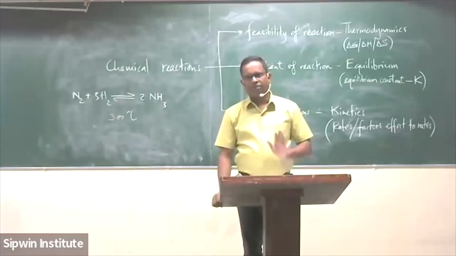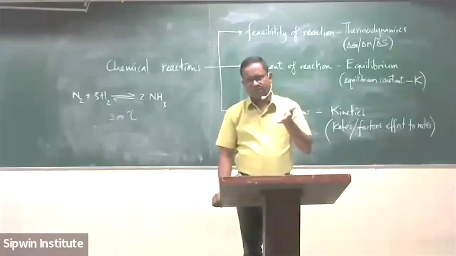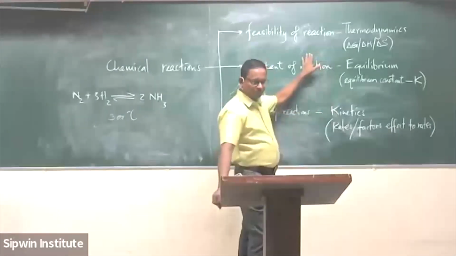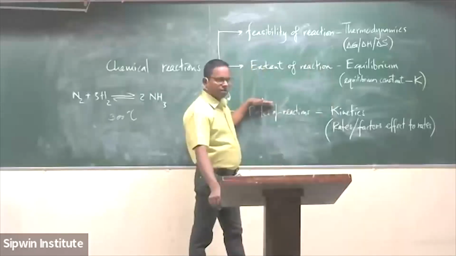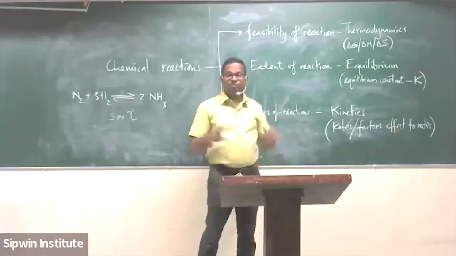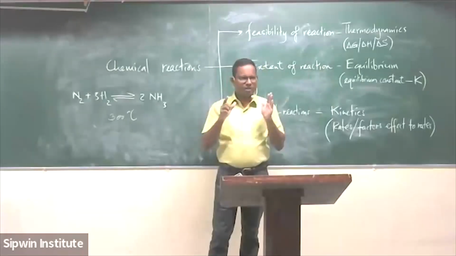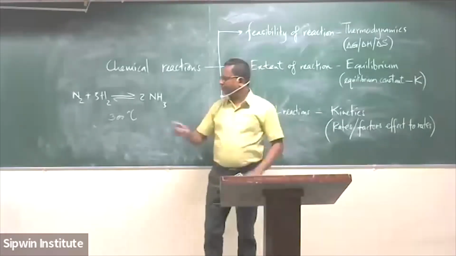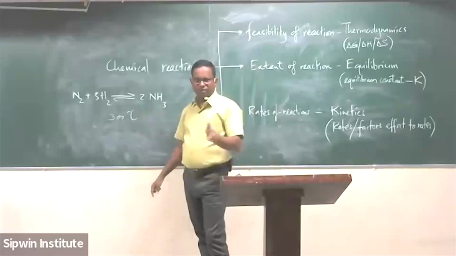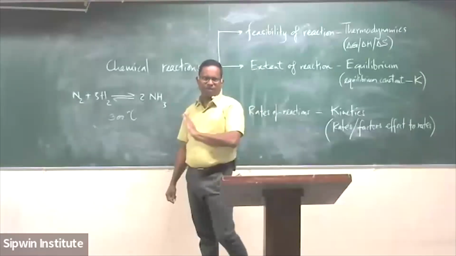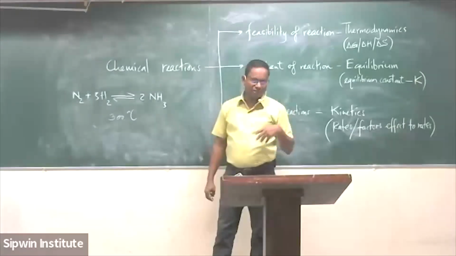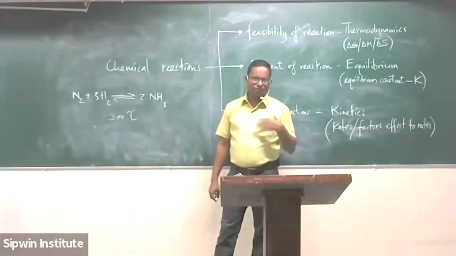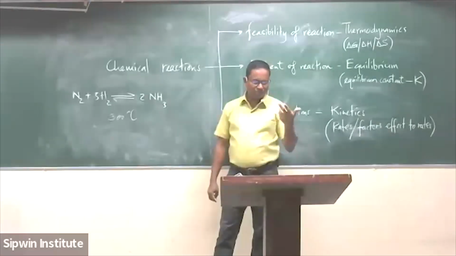Then in another way, kinetically, whether that happens with a desired rate, a required rate. It becomes feasible, but to complete the nitrogen, hydrogen, ammonia reaction, it takes 1 day, 24 hours. So no use of that in an industrial process.